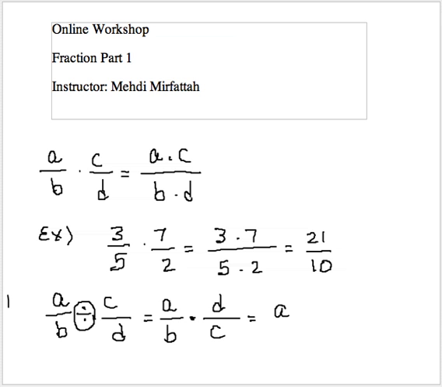That would be A times D over B times C. In the process of doing all this, you want to make sure that you reduce as needed. Let's take a look at an example for this also.